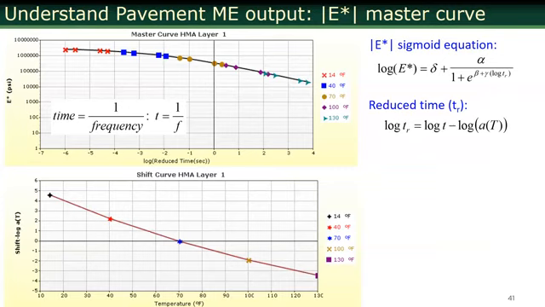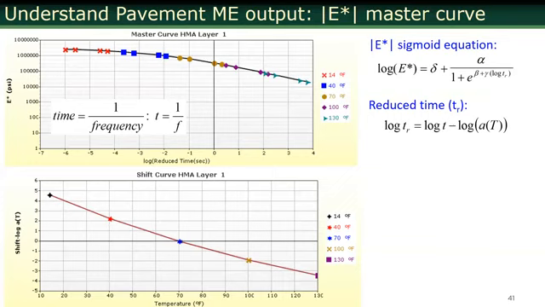So that's the difference between shifting in time and shifting in frequency. You're subtracting this component in log scale in time, and you're adding this component in log scale in frequency space. That's the only difference between those two.